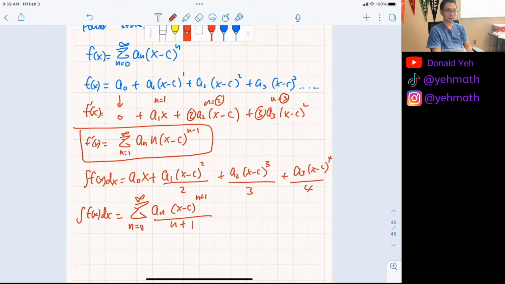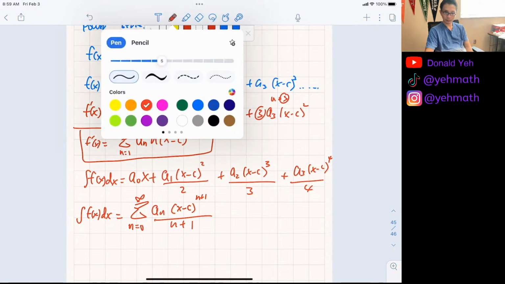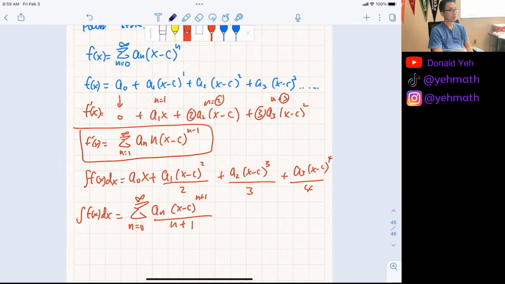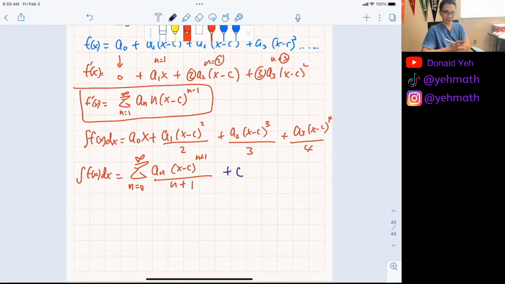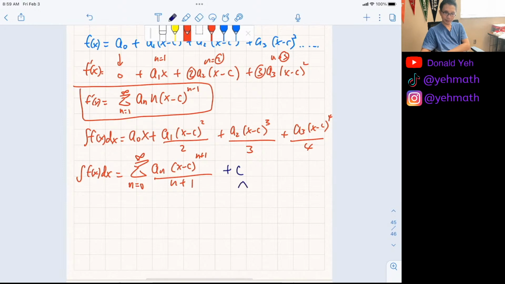Did I forget something? If I integrate, I always have plus C. There we go. That C and the center c are a little different. The center is c, and this C is just another constant. So don't forget this one if you take an integral.